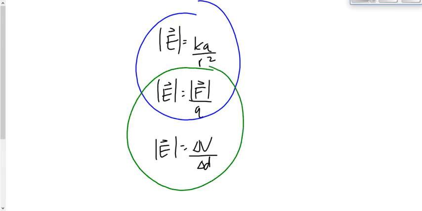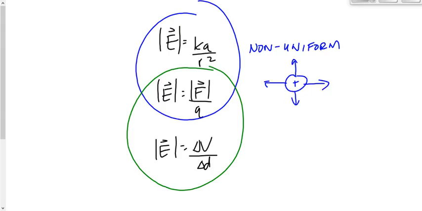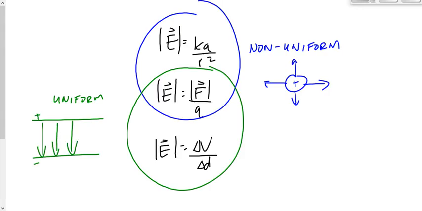This is called a Venn diagram. It shows things that different equations have in common. These top two equations in my Venn diagram are used when we have a non-uniform electric field. In other words, if I've got something that looks like this, or maybe it's a negative producer, whatever, it's a non-uniform electric field. The bottom two equations are used when I have a uniform electric field, when I have two parallel plates or something like two parallel plates, the cloud and the earth, whatever the case may be.